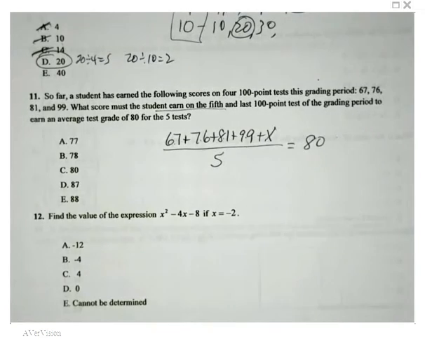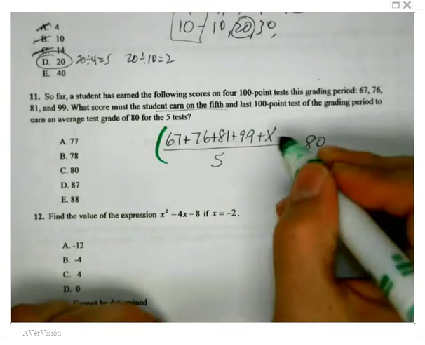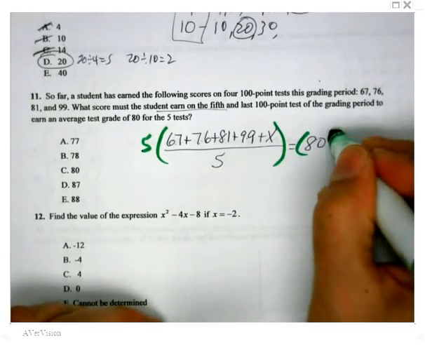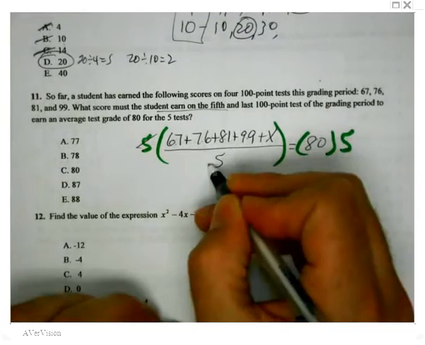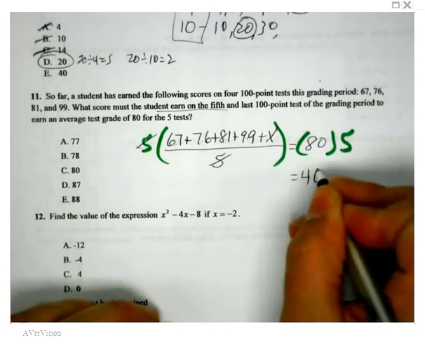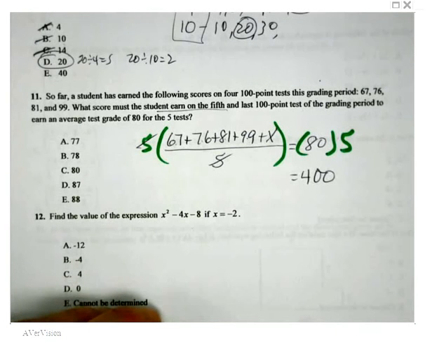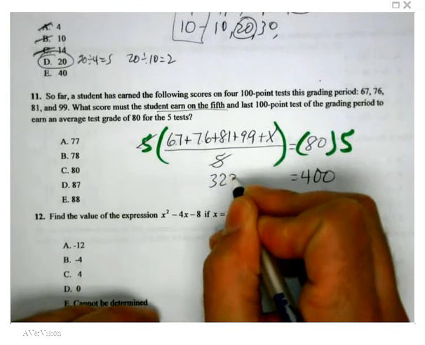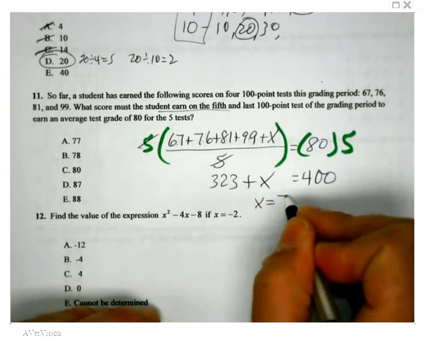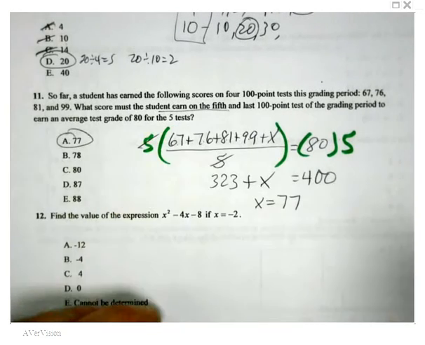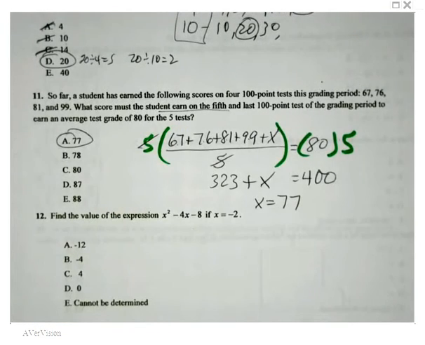So at this point, I solve it like an algebra problem. Get rid of the fraction by multiplying by the 5 that I was dividing by. Add up the other 4 numbers that I've gotten on my previous tests, and this can come in handy when you're trying to figure out what you need to get on your final, and subtract the 323 over. And it looks like we're going to need a 77 to get that B average that we're looking for.